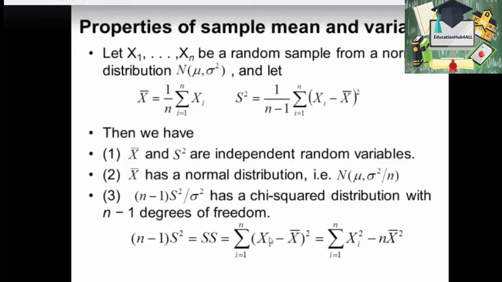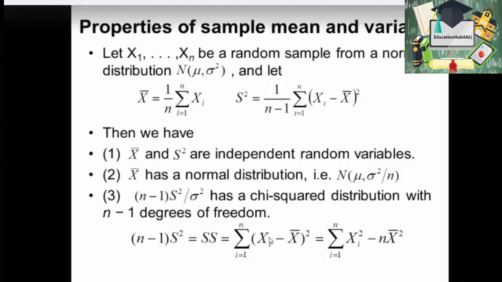So what does this mean? This tells us how good it is if we use the sample mean to estimate the population mean. Because the mu here means the expectation of the sample mean.